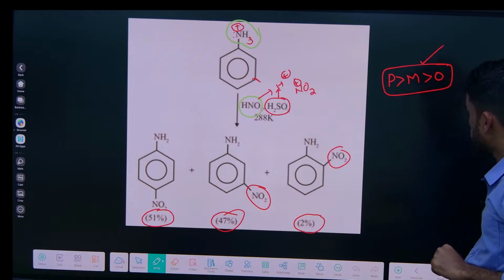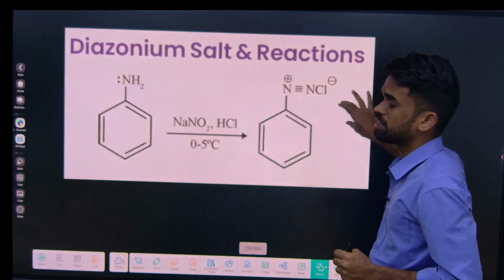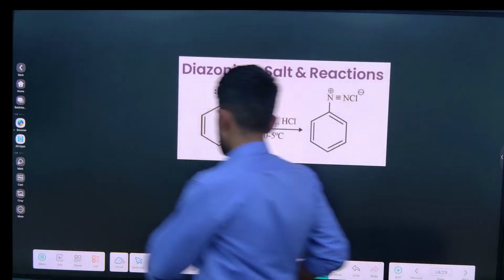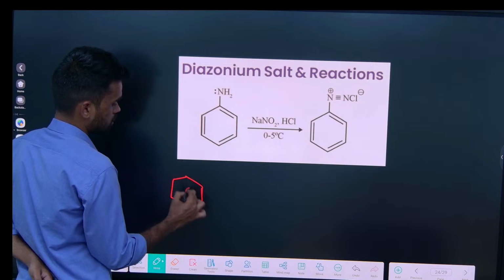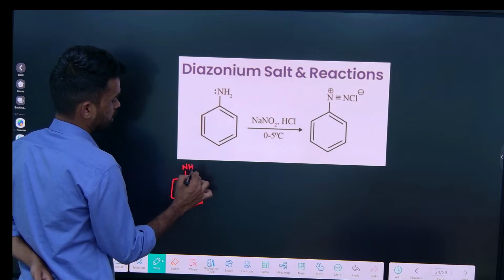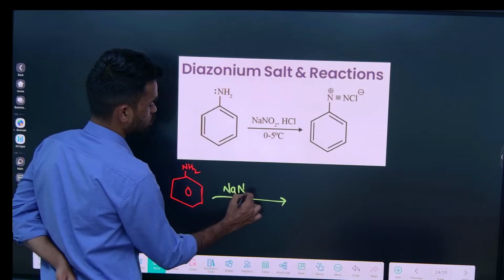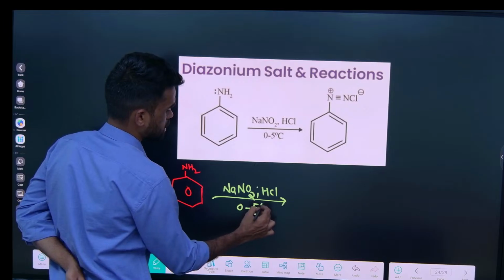Yeah, let me give you one more. When it comes to aniline, the diazonium chloride reactions are very important. What do we mean by diazonium chloride? Treat aniline with NaNO2 and HCl at 0 to 5 degrees Celsius.